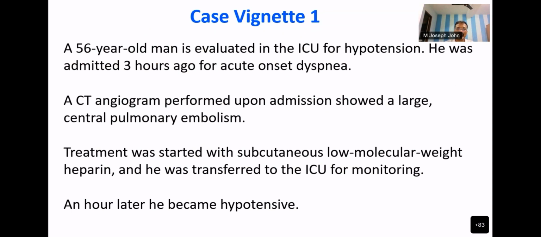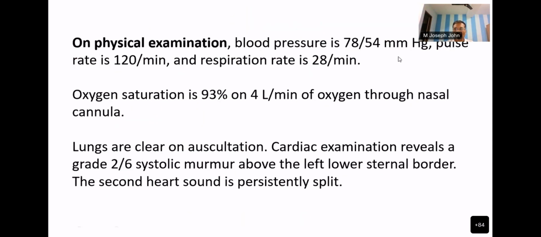Treatment was started and he was transferred to ICU, and an hour later he becomes hypotensive. Physical examination showed tachycardia and low blood pressure, and saturation is low even on oxygen. Lungs are clear on auscultation, and cardiac examination revealed a systolic murmur, which can happen in a patient with acute pulmonary embolism.